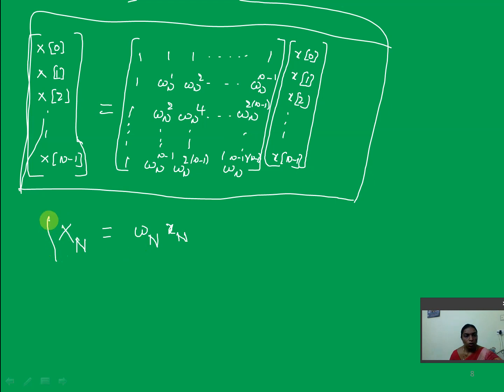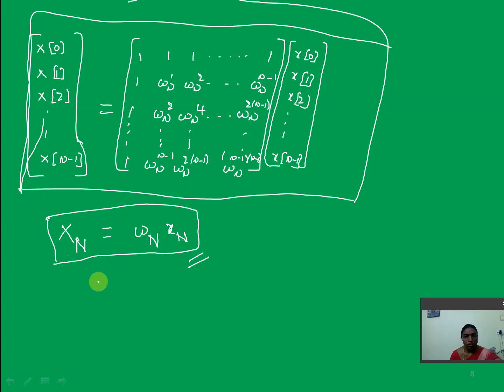Based on this equation, after calculating all these values and multiplying the given sequence values with this matrix, you can get the frequency samples. That means we can get the DFT of x of n.